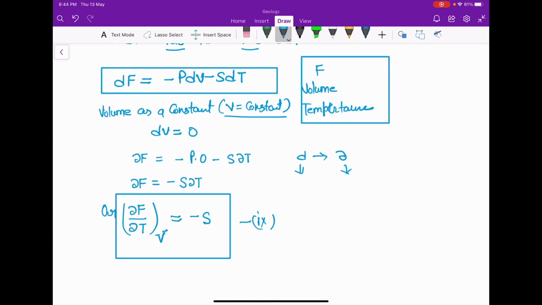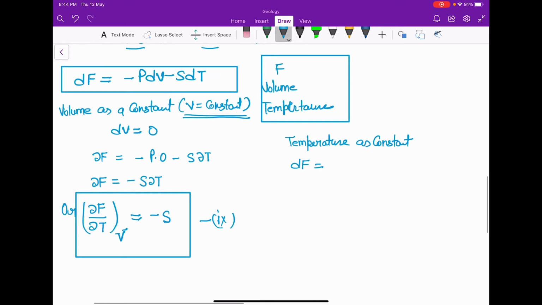Now we considered volume as constant. Next we will consider temperature as constant. Then dF equals minus p dV minus S dT, and dT will be 0 because T is constant.